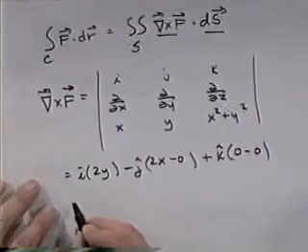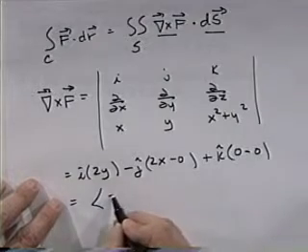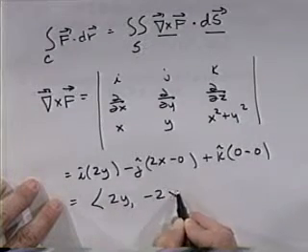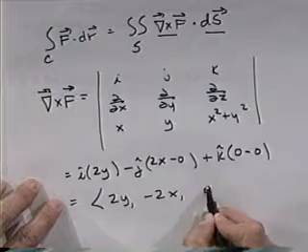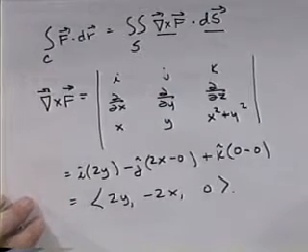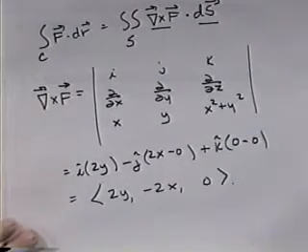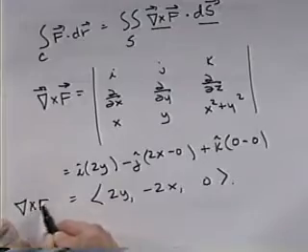So it looks like my curl is the vector 2y, minus 2x, and 0. Okay, so that's my del cross f.